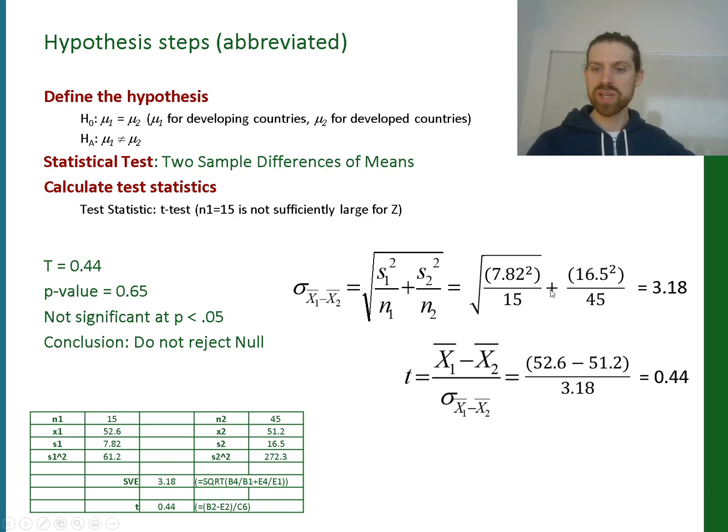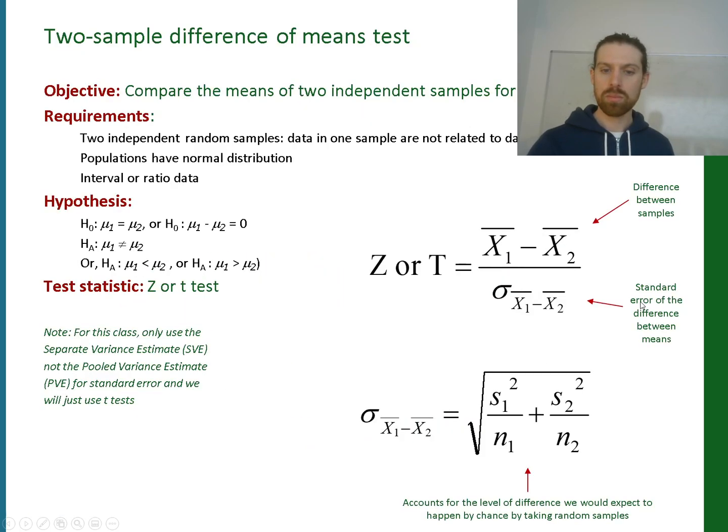We plug those in, but they need to be converted to the variance, so we need to square them. Once we've got that, we take those divisions, sum them, then take the square root, and we get 3.18, which is our standard error of the difference of the means. Okay, so this value here.